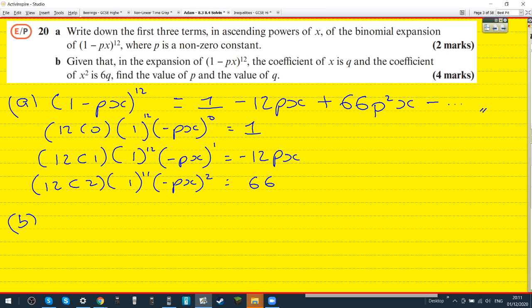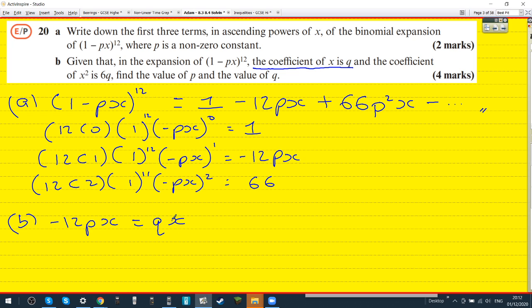So what could we make equal here? Minus 12px. What would that be equal to? x. So q. qx.